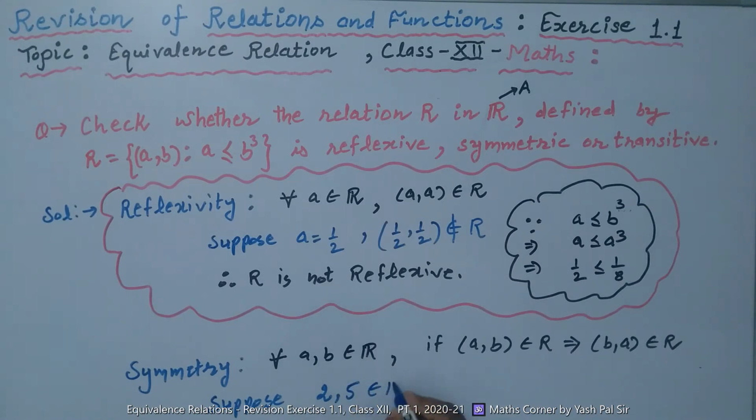Both belong to the set of real numbers. Now we know that (2, 5) belongs to R, because 2 is less than or equal to 5 cubed. But (5, 2), sorry, we should take here 1.